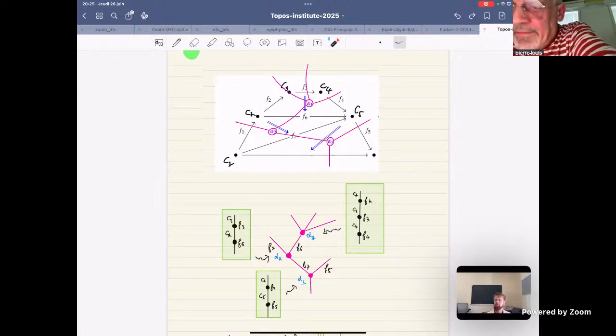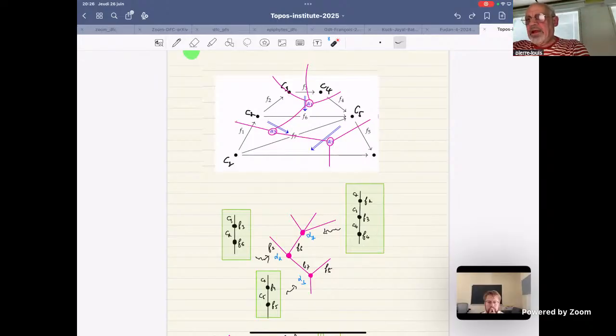So here you have that alpha 3 receives alpha 2 along F7, and alpha 2 receives alpha 1 along F6, and this is just a transcription of what you see in this picture.